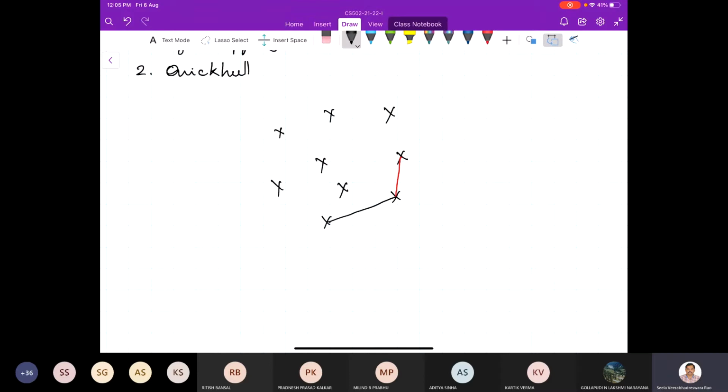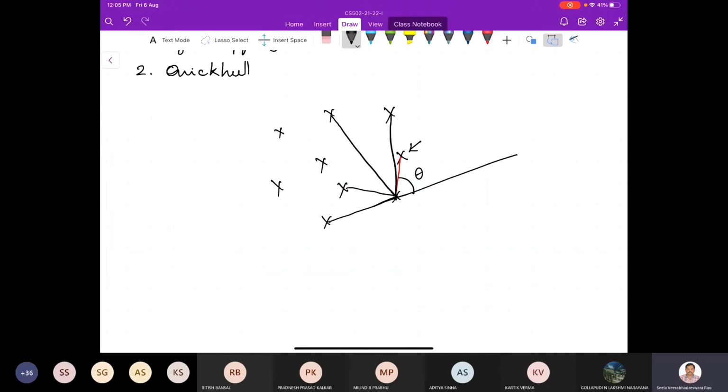If you extend this edge, and try to connect all the points to this one, and measure this angle, this angle is the smallest for this vertex. So we use this property.